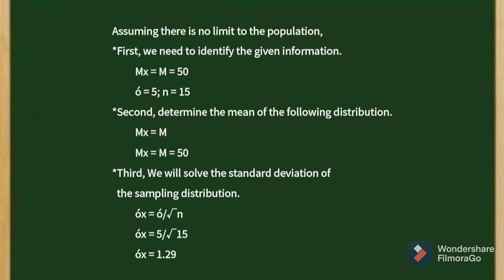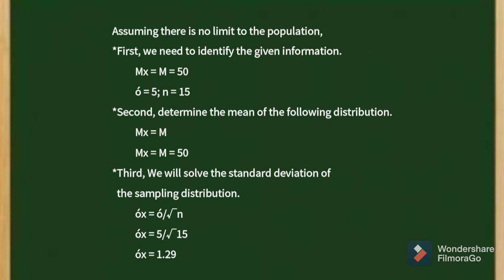Third, we will solve the standard deviation of the sampling distribution. Standard deviation of x-bar is equal to standard deviation over square root of n. Standard deviation is equal to 5 over square root of 15, a total of 1.29.